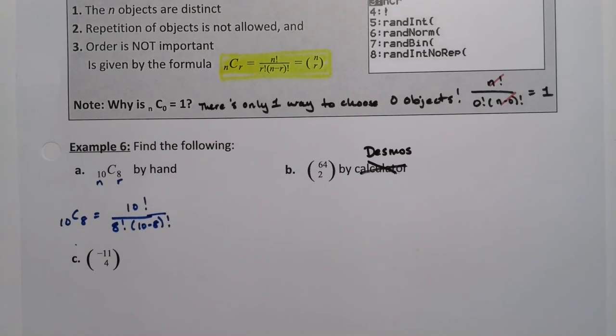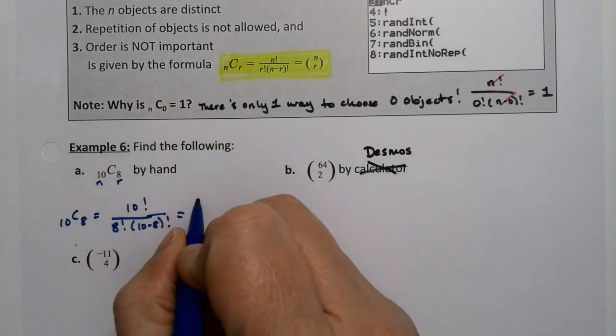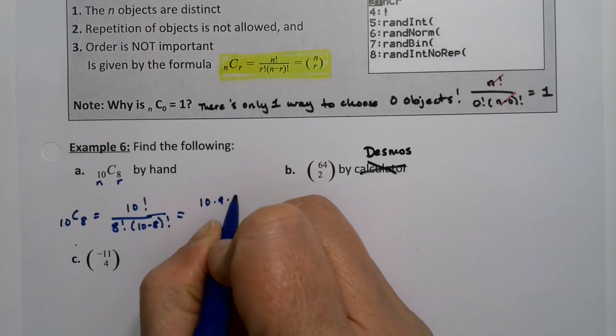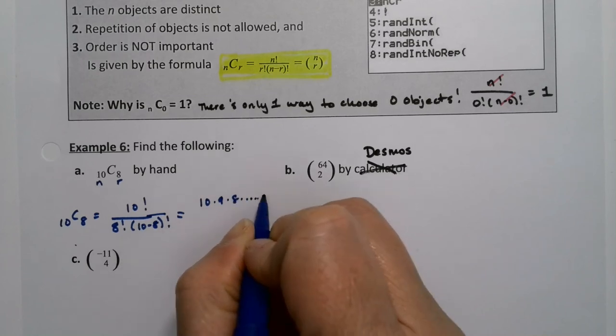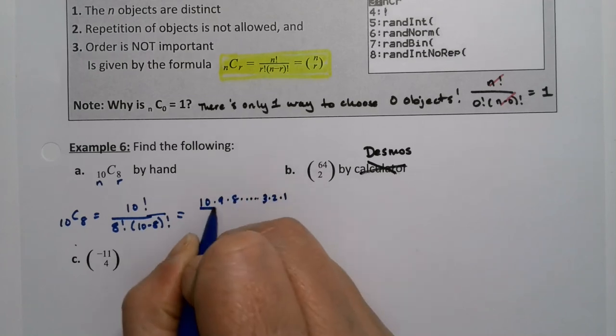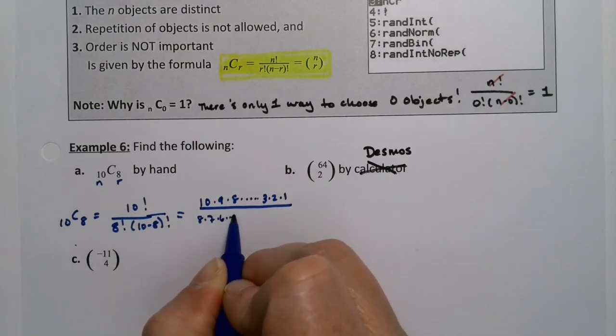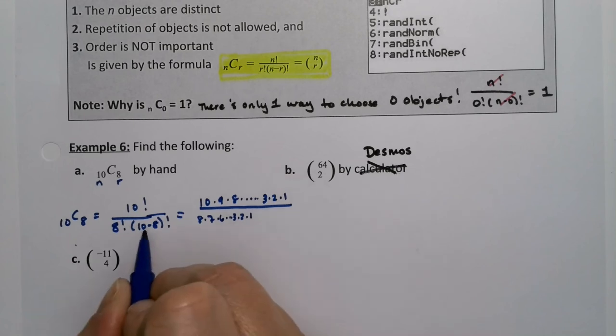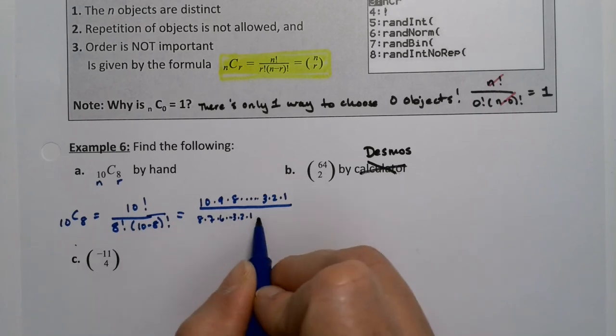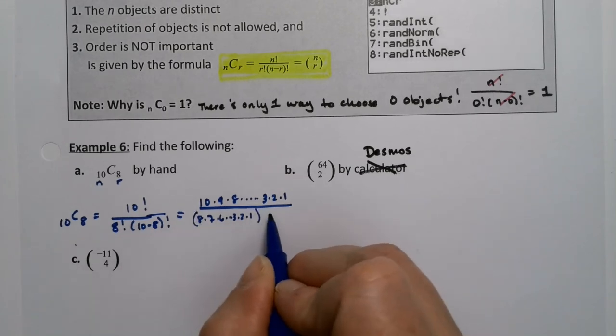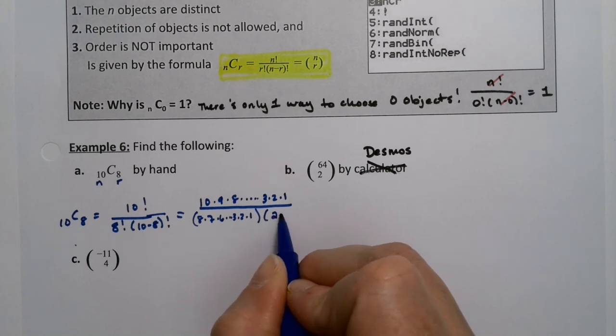Let me write it out. It's 10 times 9 times 8 all the way down to 3 times 2 times 1. And then the 8 factorial is 8 times 7 times 6 down to 3 times 2 times 1. And 10 take away 8 is, of course, 2 factorial, so that's 2 times 1.